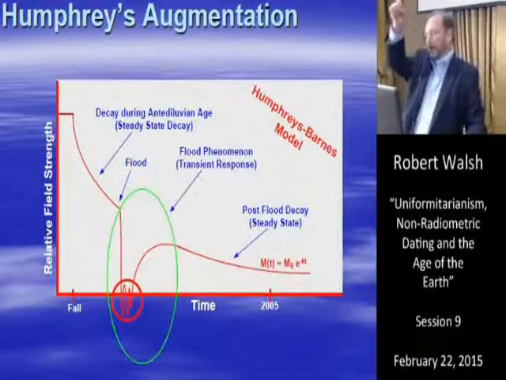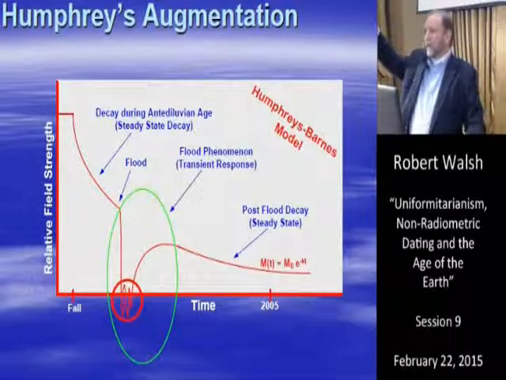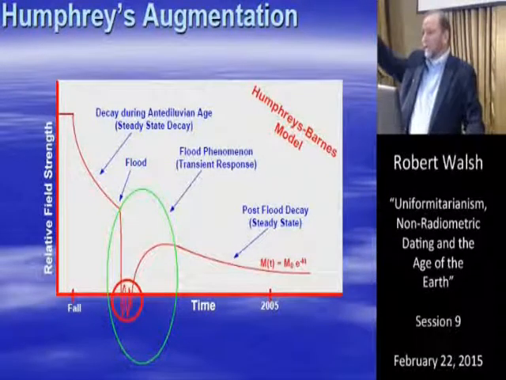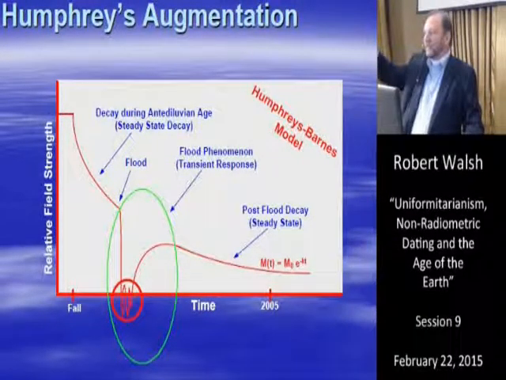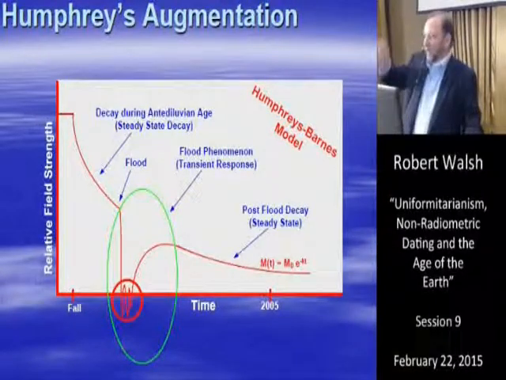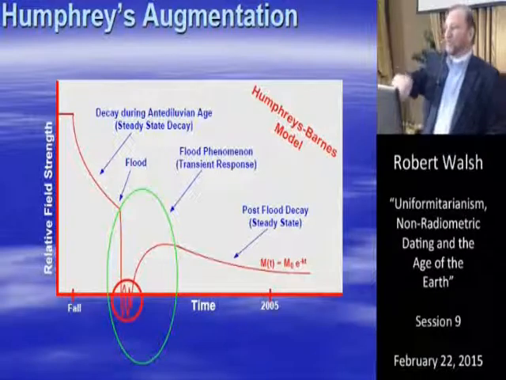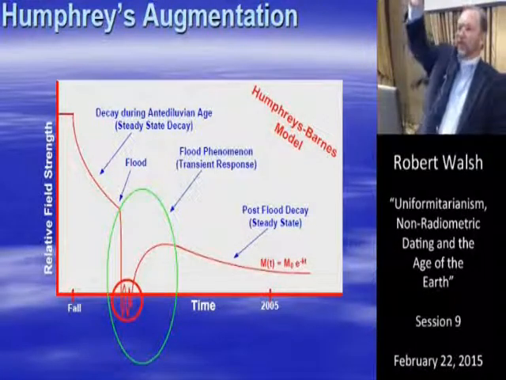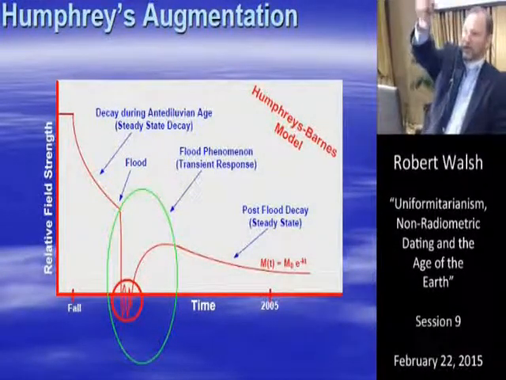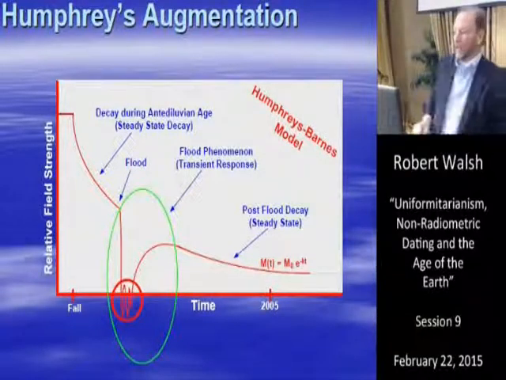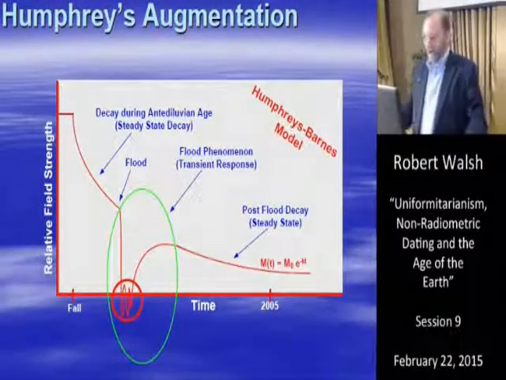The magnetic field of the Earth would have nicely decayed until the flood, and then it would have become erratic, reversing itself many times during the flood phenomena, and then eventually works its way up and settles down to a steady state as it is today.